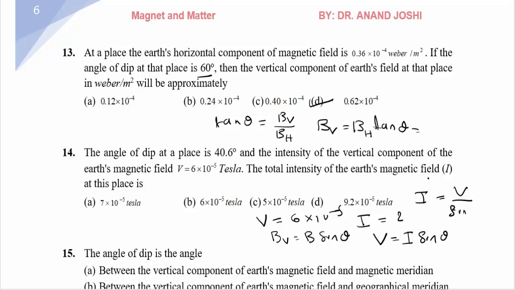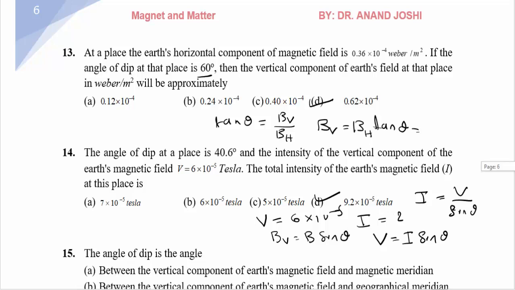Substitute V and theta and do the calculation. V is 6 into 10 raised to minus 5 Tesla, sine theta is sine 40.6 degree. You will get the answer as 9.2 into 10 raised to minus 5 Tesla. So the option for 14th is D.